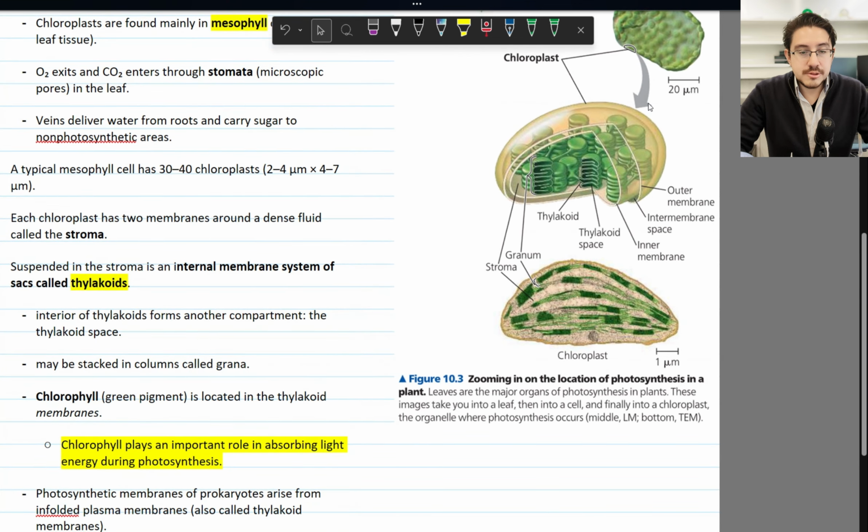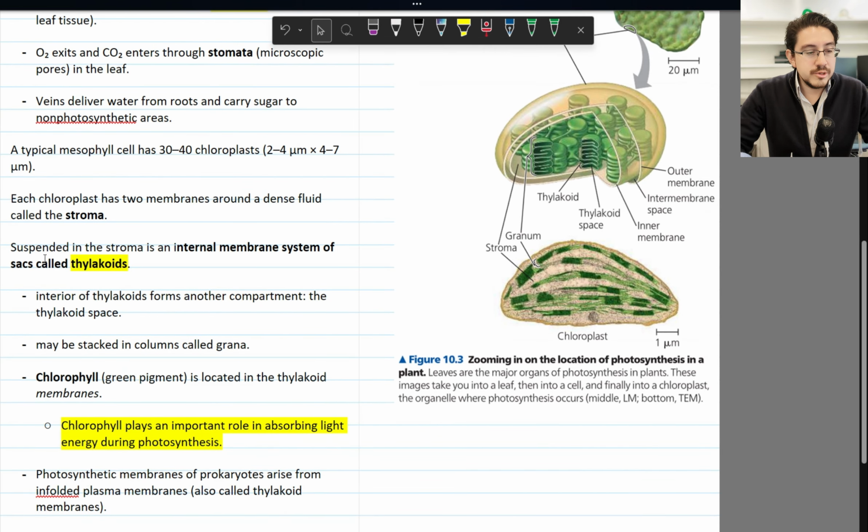Within the inner membrane, you have a dense fluid called the stroma. Taking a look at this diagram, there are more structures suspended in the stroma. You have these flattened sacs called thylakoids, and here is where the magic of photosynthesis happens.